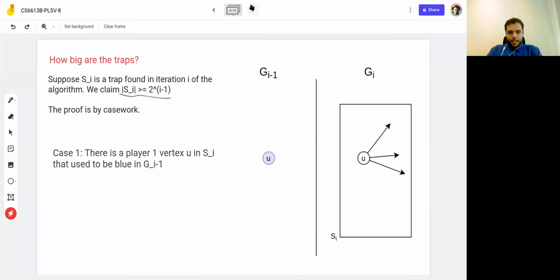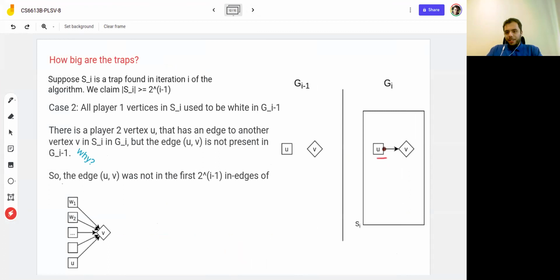Coming back here, u is a player 2 vertex, and it's definitely not a target vertex, because it's inside my trap set S. But v used to have at least 2^{i-1} edges before the edge that comes from u. So all of these should also come from player 2 non-target vertices, W1, W2, and so on. Otherwise their edges would not come before the edge from u to v.